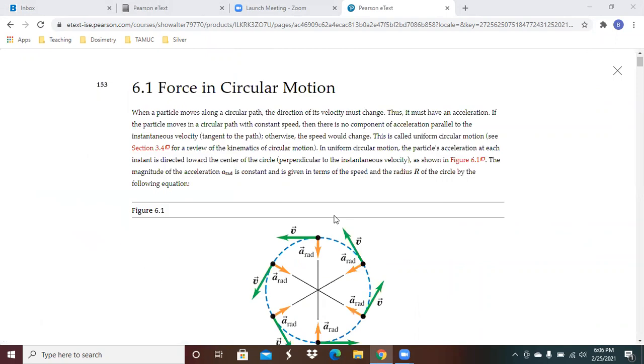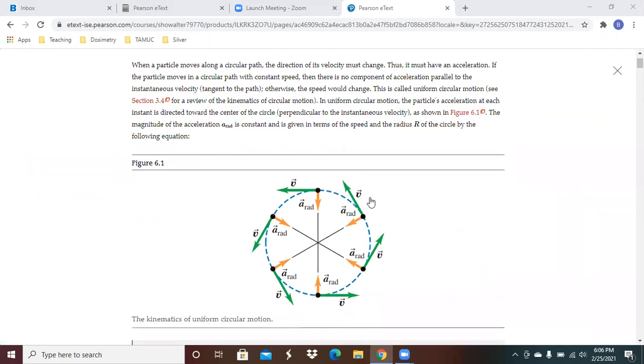Let's take a look here. All right. So we've got this particle and it's moving around in the circle. Now, in this situation, the magnitude of the velocity is going to be constant. However, the direction of this velocity is going to change.